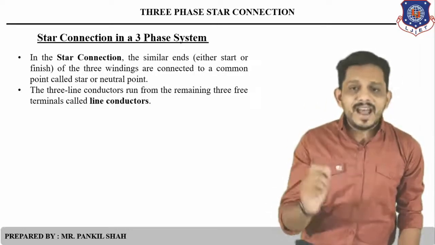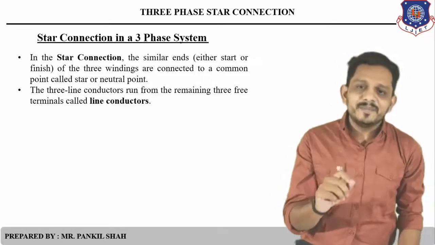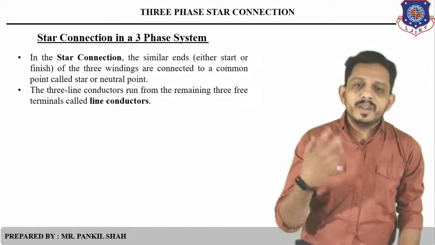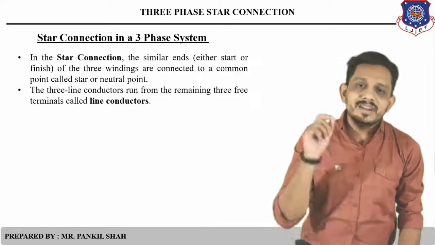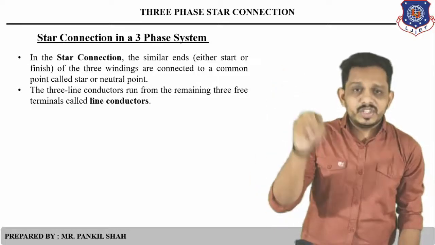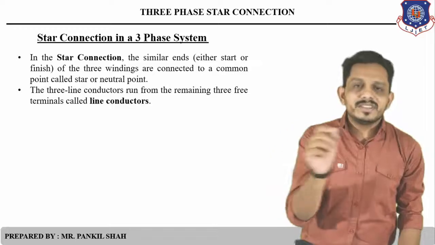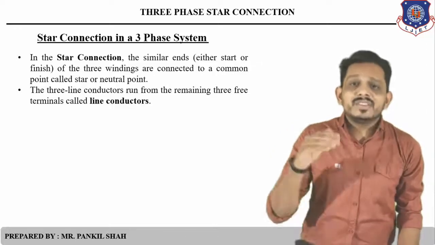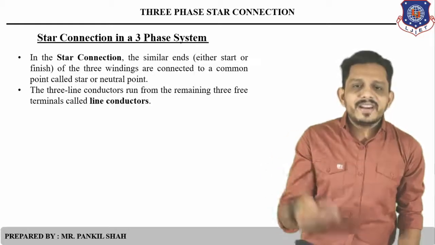In the star connection, the similar ends, either the starting ends or the finishing ends of the 3 windings, are connected together, and that common point is known as the neutral point. The connection made at that similar junction is known as the neutral point. From the three dissimilar terminals, three line conductors run.